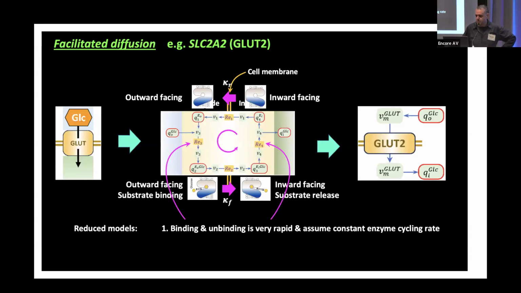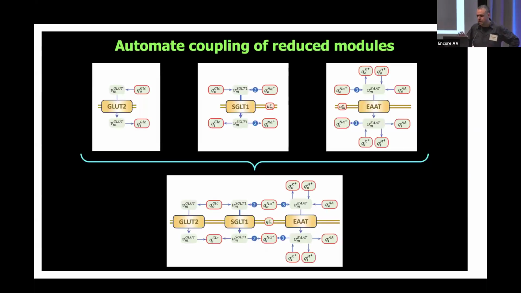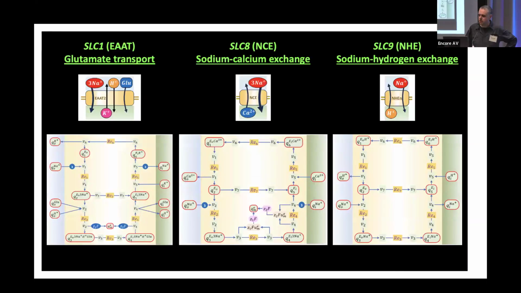So this is just a schematic example of a GLUT transporter, but the schematic representation that uses the bond graph formalism to construct these models can then be easily implemented in any language for simulation, given the availability of, of course, key realistic parameters. What's key about the bond graph approach is that it makes it easy to combine modules for different individual transporters to create more complex representations at a membrane level.